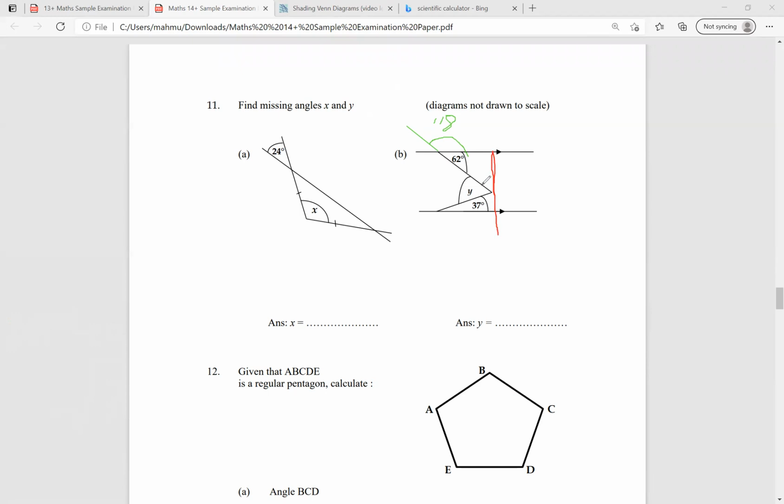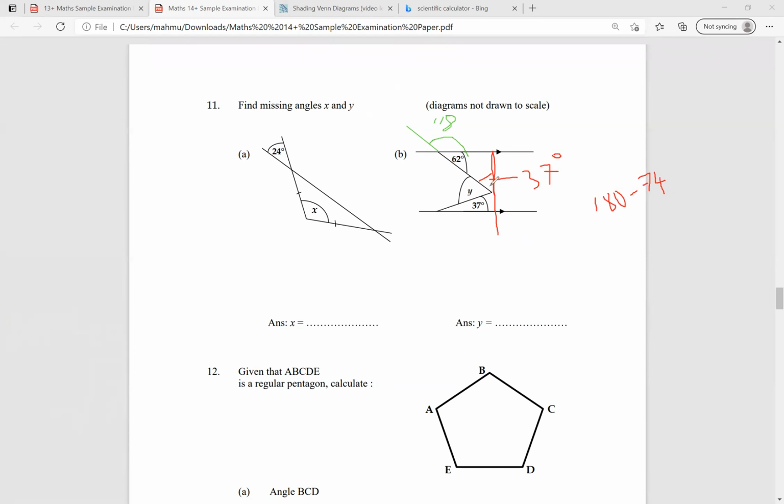If this is 37, this will also be 37. Does that make sense? And you know, a straight line makes 180. So you could do 180 minus 37 twice. So minus 74. And that will be your answer.